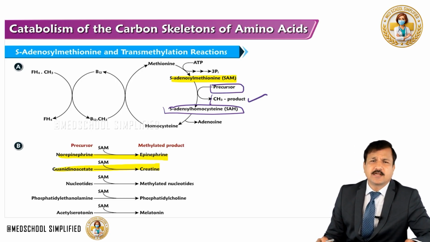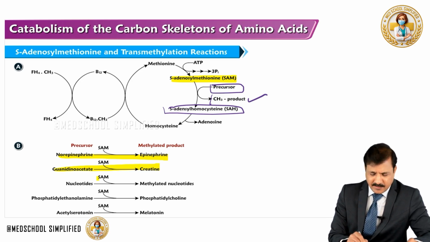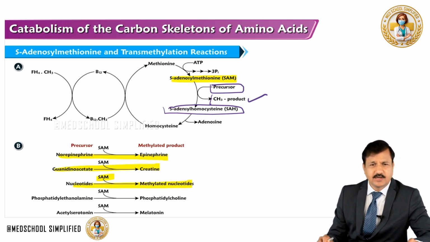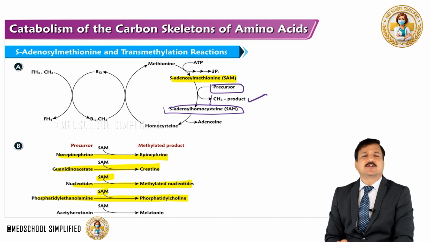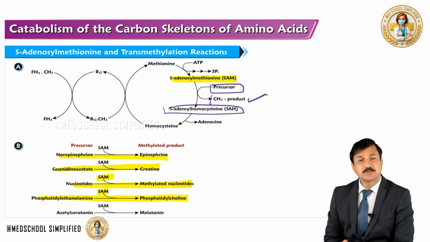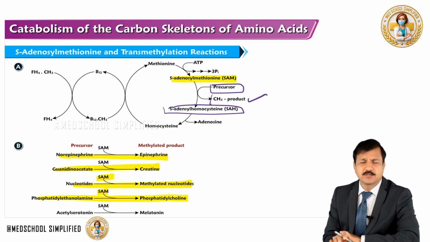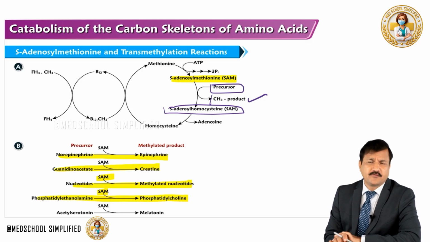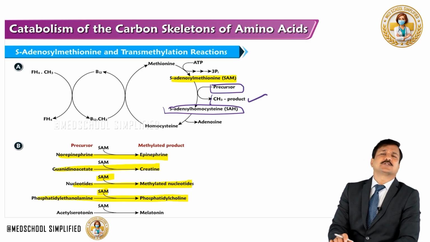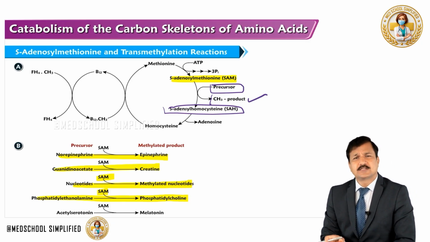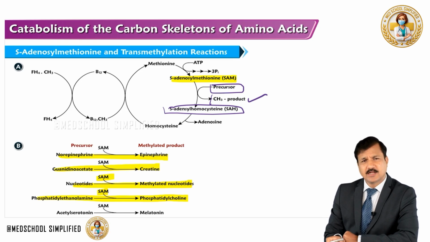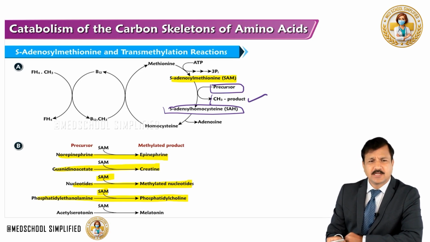And then nucleotides: the DNA methylation process uses SAM as the methyl group donor, giving methylated nucleotides. And phosphatidylethanolamine converting into phosphatidylcholine uses S-adenosyl-methionine. Phosphatidylcholine is the membrane phospholipid which is the donor of choline in the conversion of homocysteine into methionine, or in acetylcholine synthesis. So during that time also you need SAM as the methyl group donor.